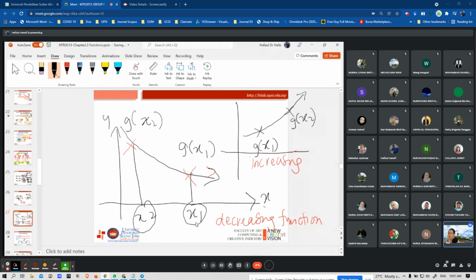It's based on the slope. Okay. Do you have any question? Is it okay?